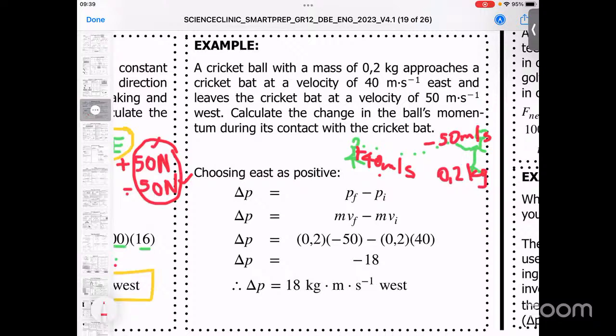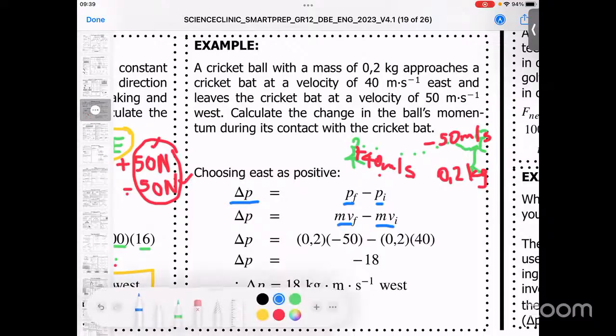So now we need to calculate the change in the ball's momentum during its contact with the cricket bat. Because the question said the change in momentum, we will pull out this formula for the delta p, where we say equals momentum final minus momentum initial. As we expand that formula, we know it's mv final minus mv initial.